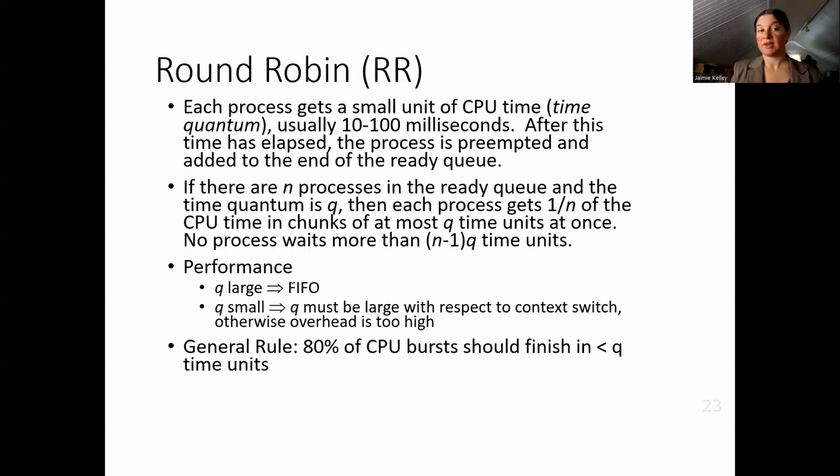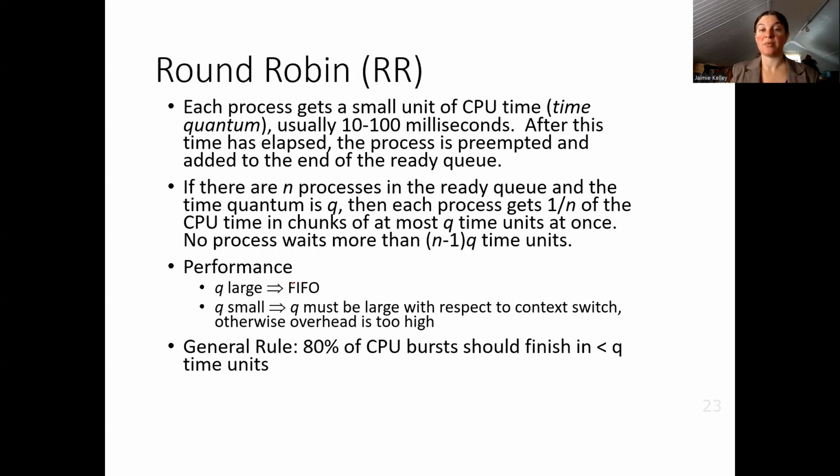The last basic preemptive scheduling algorithm that we are going to work with today is round robin. Round robin is preemptive by necessity. The basic idea is that each process is only going to get a very short amount of CPU time in terms of a quantum.